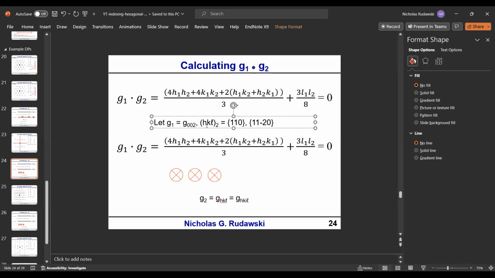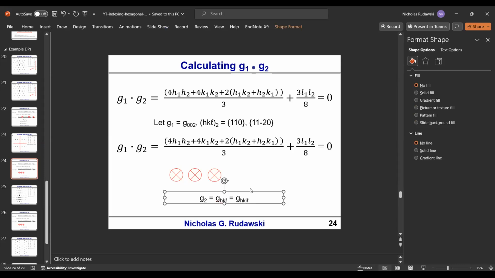And since my H and my K for G1 are both 0, this term is also going to be 0. So everything goes to 0. I could use any G vector I want in this family and get a 0 dot product with this. Perfect. So for the sake of simplicity, let's just use 1, 1, 2 bar, 0.